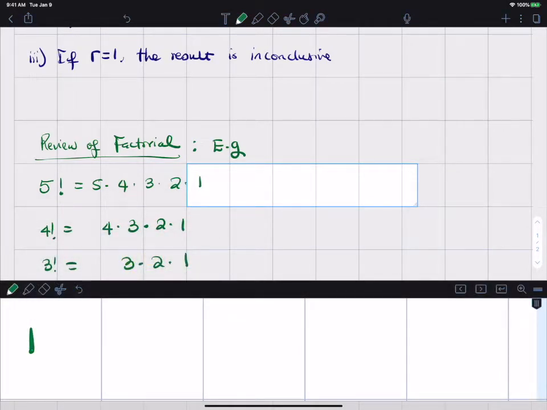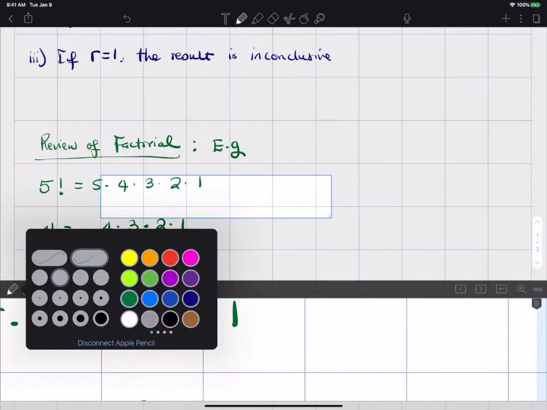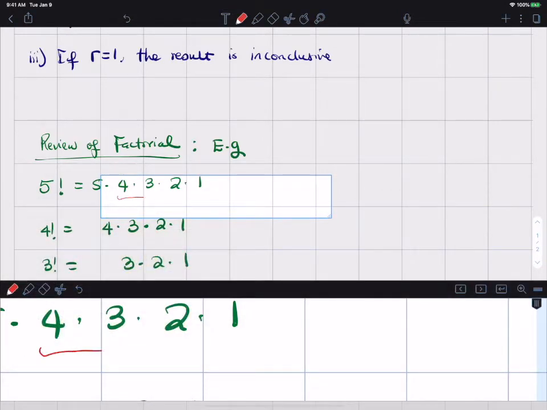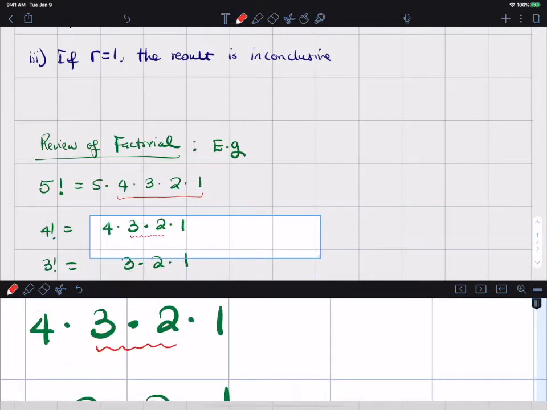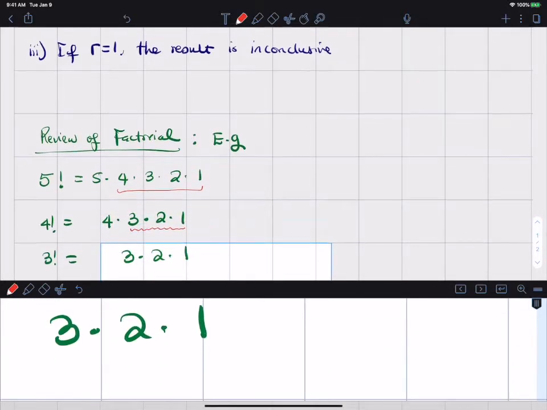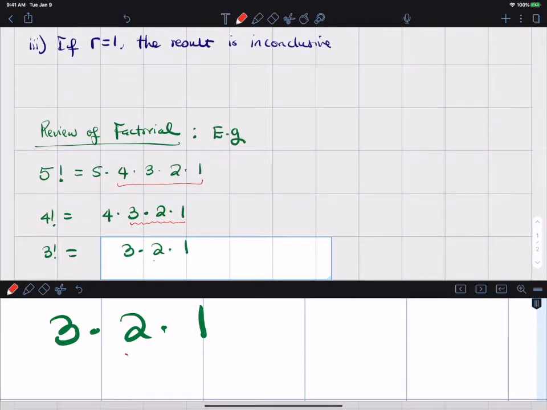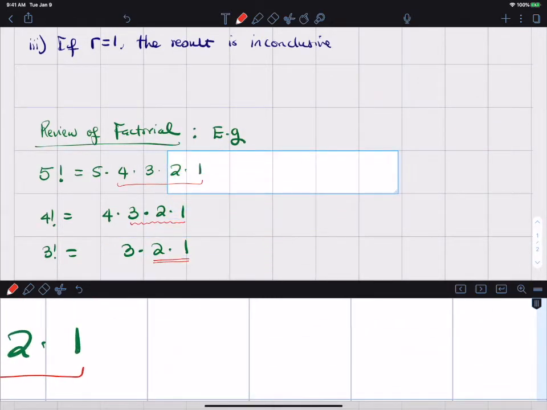Since we know what 4 factorial is, this looks like 4 factorial right here. Okay, this looks like 3 factorial. So this would be 2 factorial.